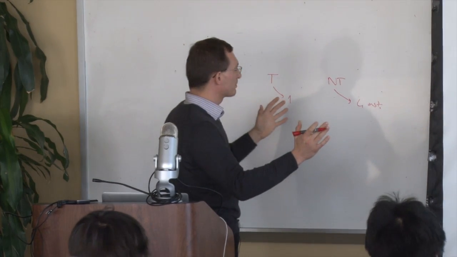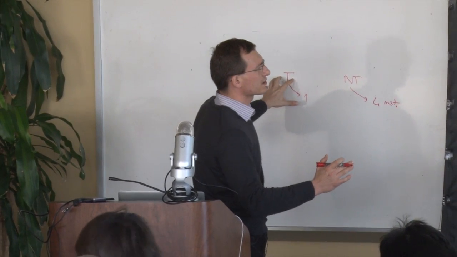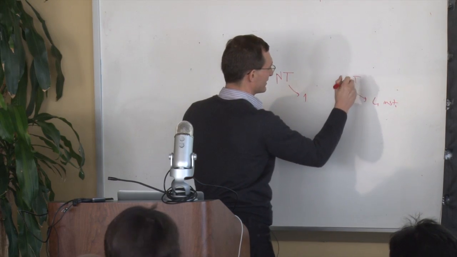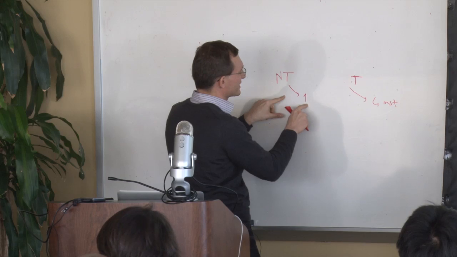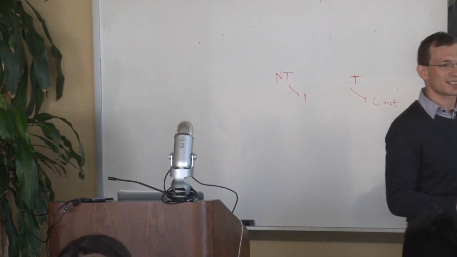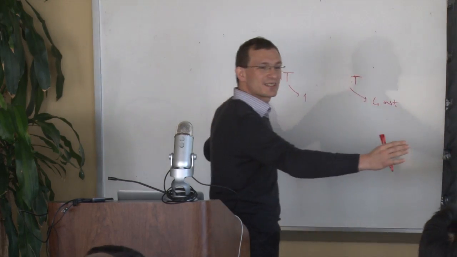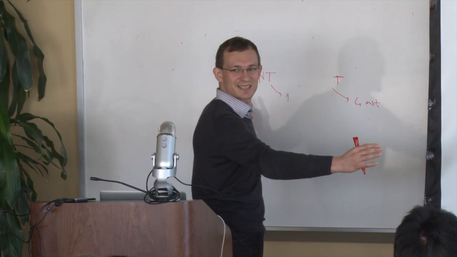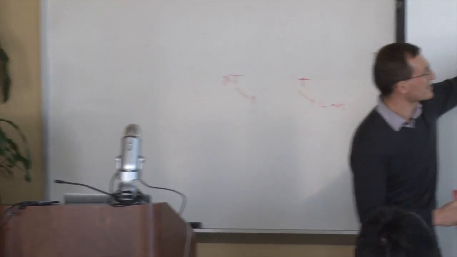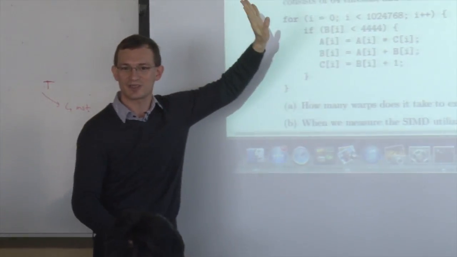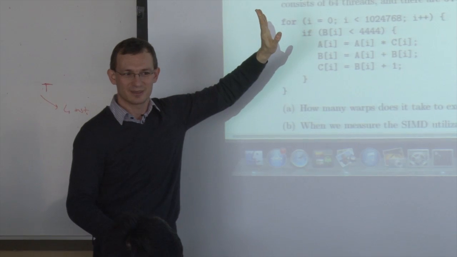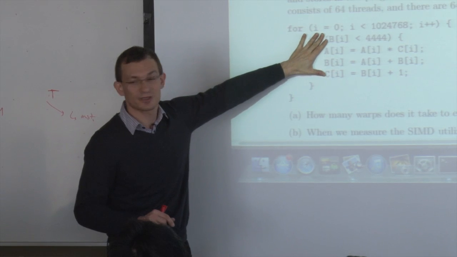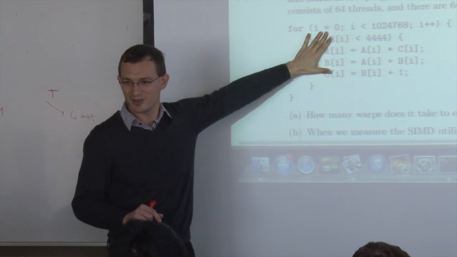If all of the threads don't take the branch, all of the threads will execute the branch, so your SIMD utilization is 100%. If all of the threads take the branch, then all of the threads will execute 4 instructions, and you'll have a SIMD utilization of 100% in that case also.